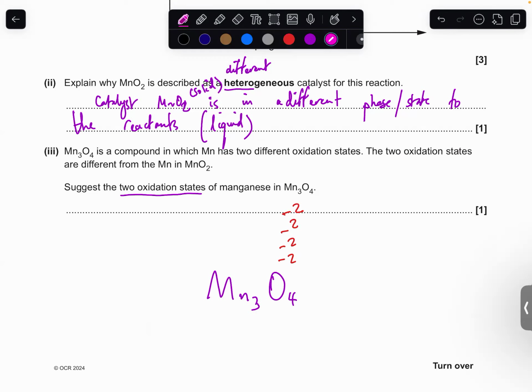This needs to add up to a total of +8, and you've got 3 manganese. So we could have a +1, +1, and a +6. Or we could have a +2, +3, +3. Any one of those combinations gets you the mark.